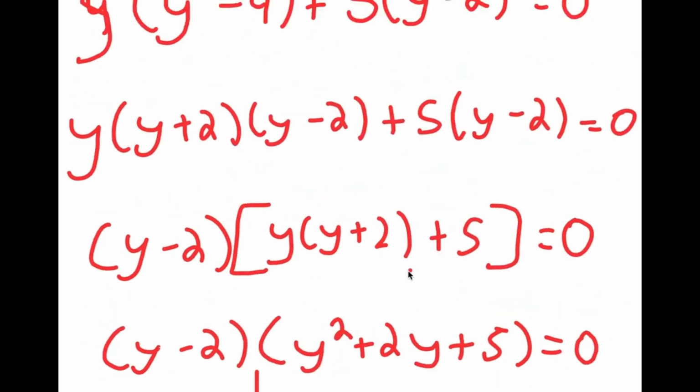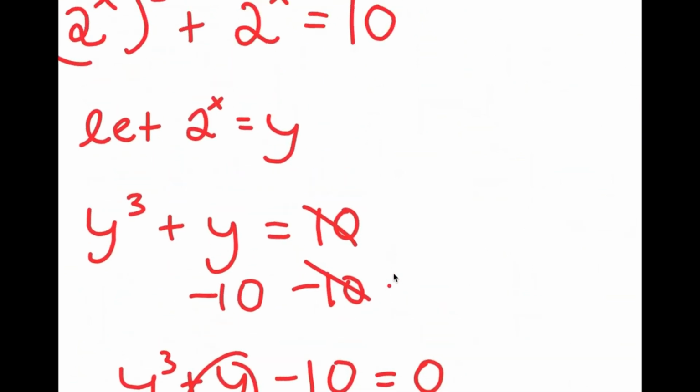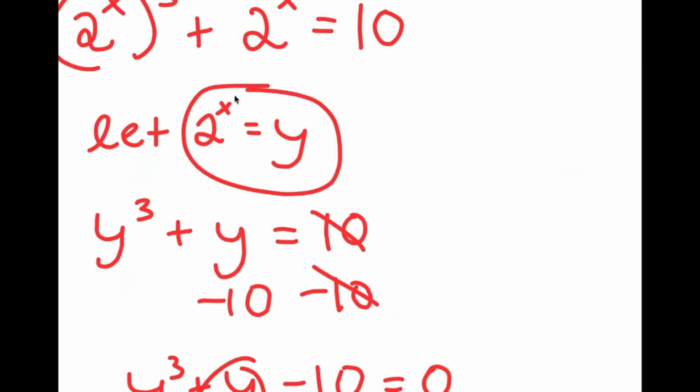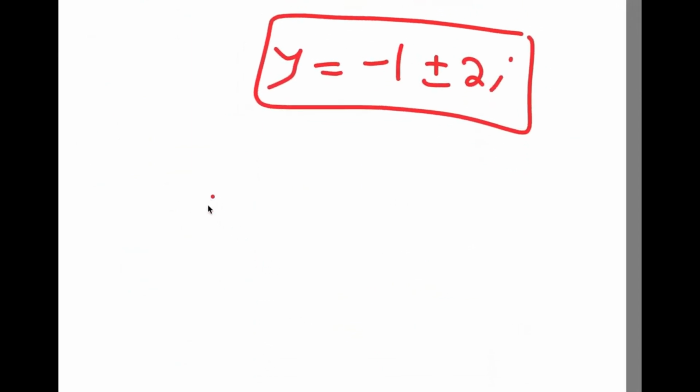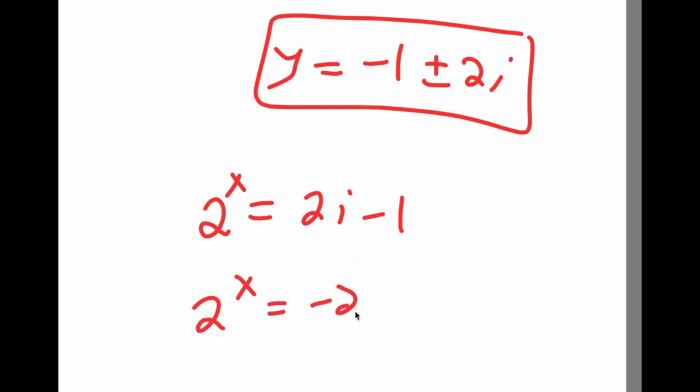Now, remember how we let 2 to the power of x equal y. So I get 2 to the power of x is equal to 2i minus 1, and I get 2 to the power of x is equal to negative 2i minus 1.